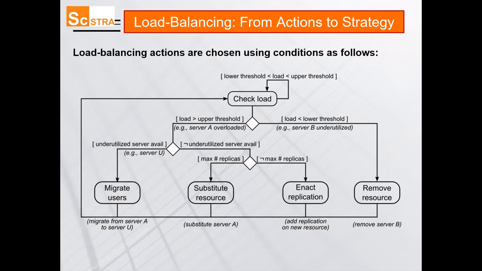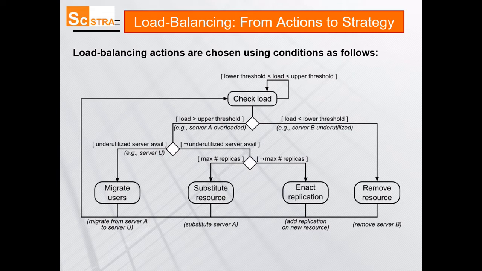We decide by checking particular conditions in these nodes, and depending on whether this condition is true or false, we go left or right. In this way, we move in this decision diagram, and ultimately we come either to adding an application process or to migrating users and so on.